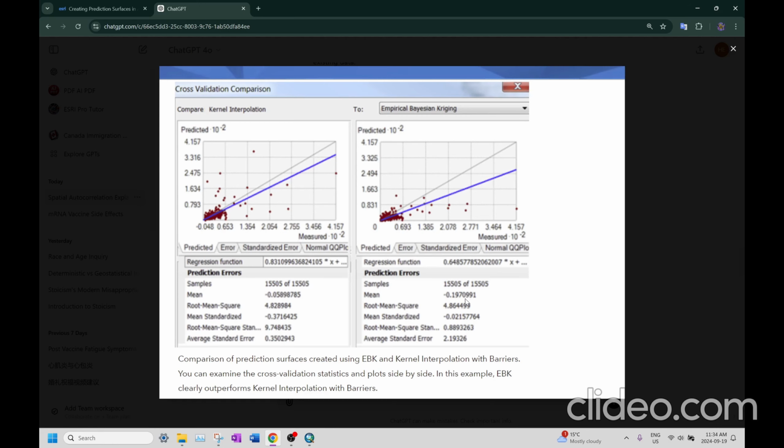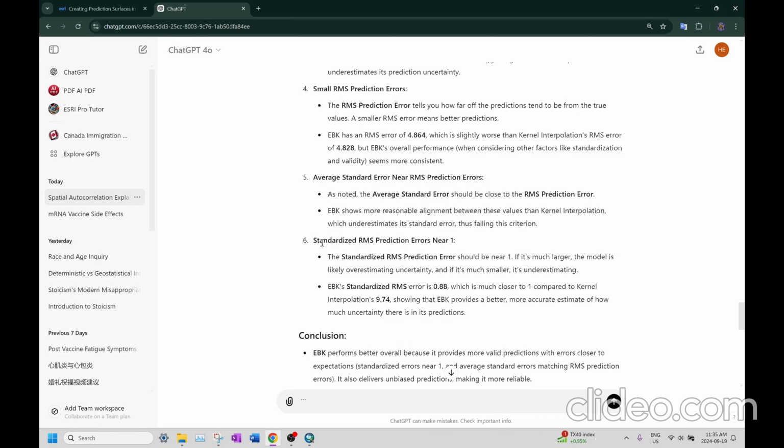That's the first. Also mentioned, the root mean square must be close to the average standard error to provide validity. Clearly, the EBK is better because the root mean square and average standard error are closer compared with the KI. Also, it's very important to make sure the standardized RMS prediction error is close to 1.